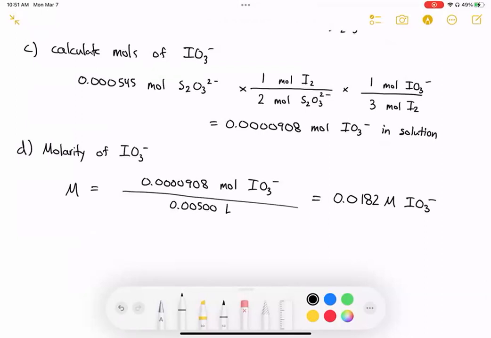Here we go. That's the molarity of this part of the experiment.